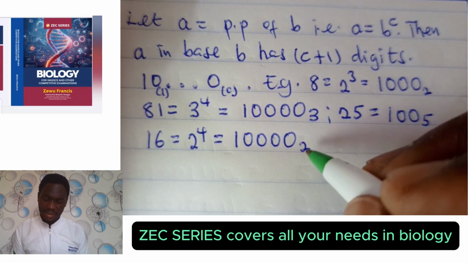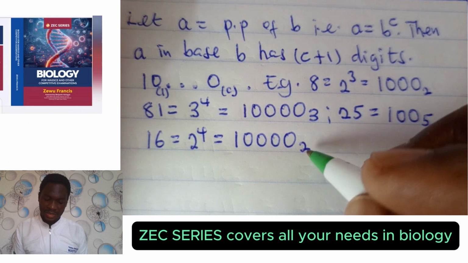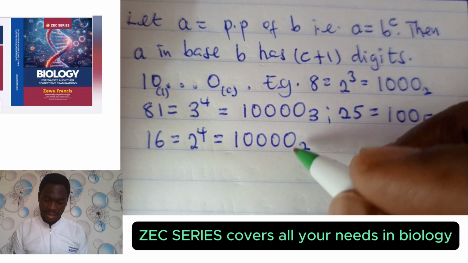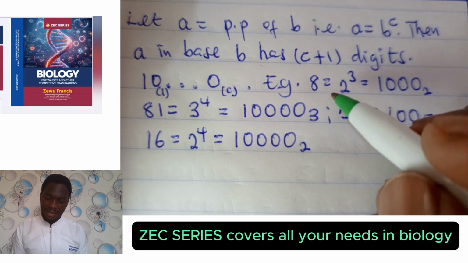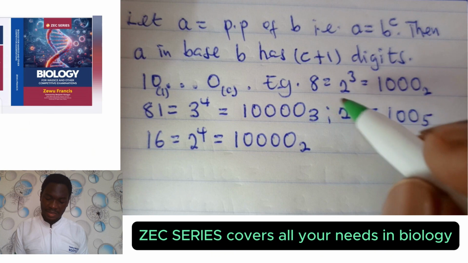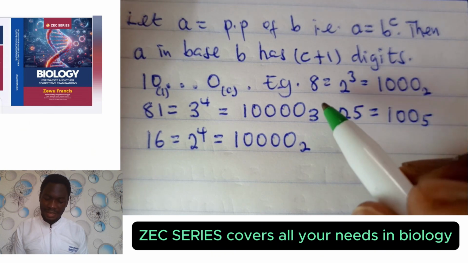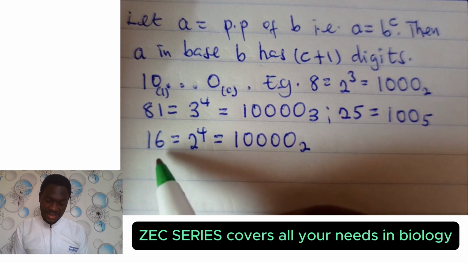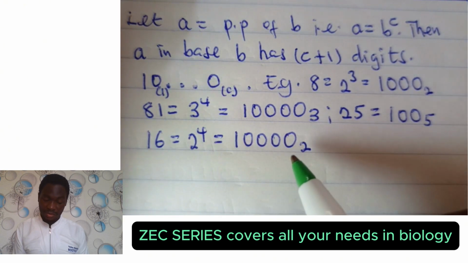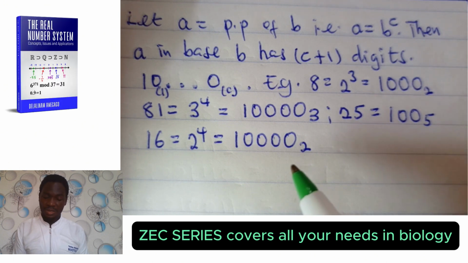Now, 16 is the smallest number that when expressed in base 2 will give us 5 digits. 8 is the smallest number that gives us 4 digits. So 8 starts the 4-digit group, 16 starts the 5-digit group, 32 will start the 6-digit group, and so forth.